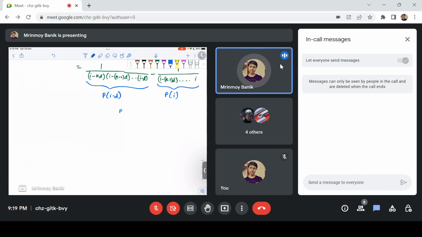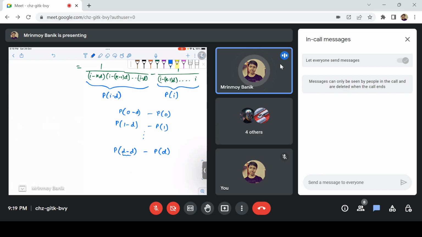So if you write them out, you have like p_0 minus p_d, p_1 minus p_{d+1}, and like that up till p_{n-d} minus p_n.